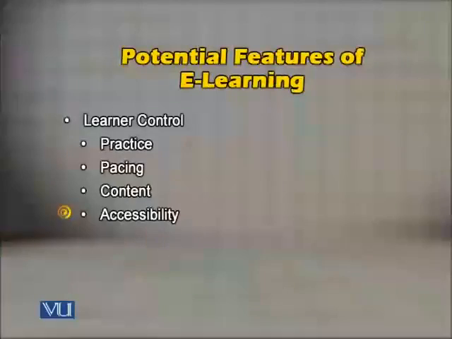Then do you want to see a video? Do you want to access the resources given in hyperlinks, do you want to open and read them? It is your discretion which content you want to access. And after that, accessibility, you have the control. You want to access your online, your web-based training program within your office.